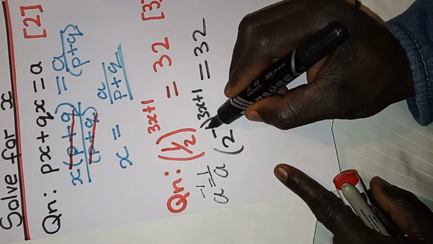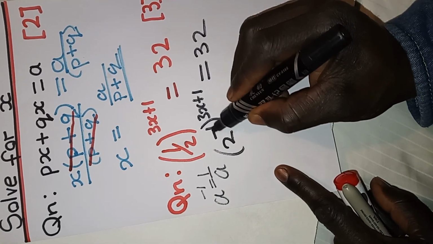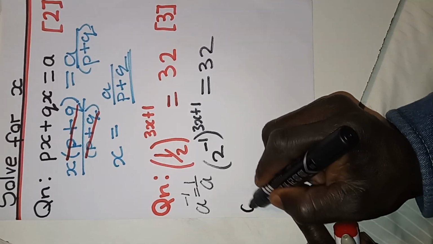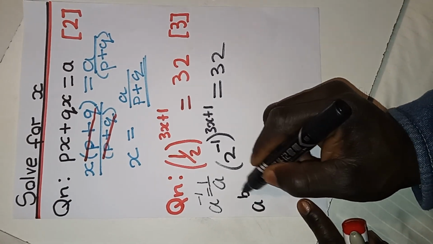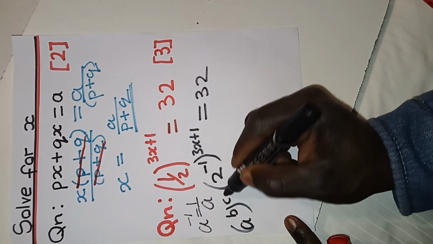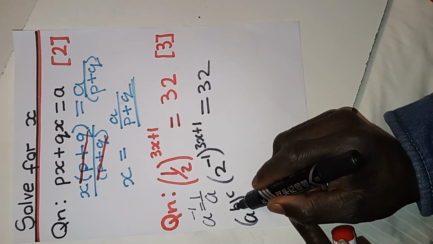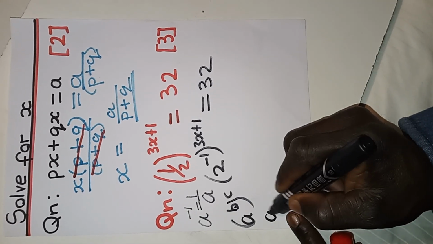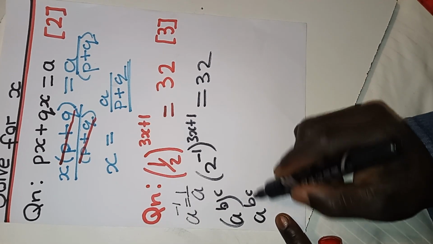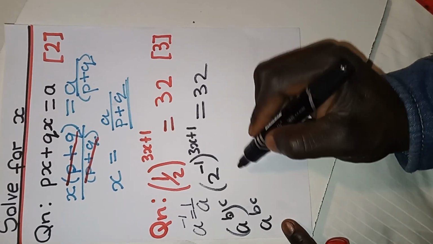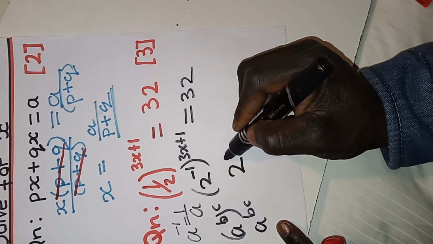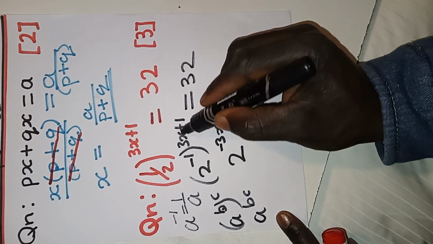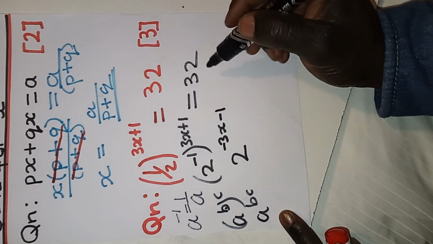Now, when there's a power and another power outside, we use the law: a to the power of b, to the power of c, reduces to a to the power of bc. We just multiply the powers. So our 2 on this side becomes 2 to the power of minus 3x minus 1. I've just multiplied this minus with the power 3x plus 1.